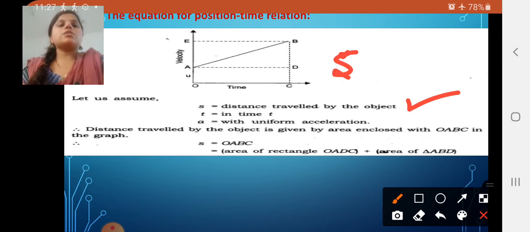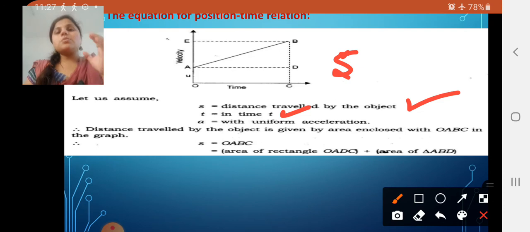At what interval of time? It is in the time t. The object is moving with uniform acceleration.